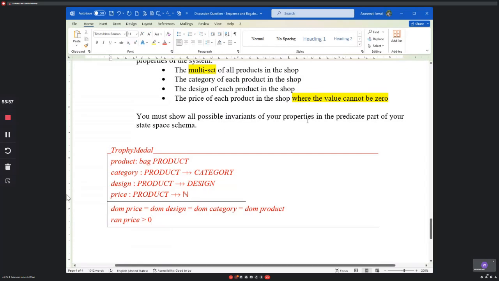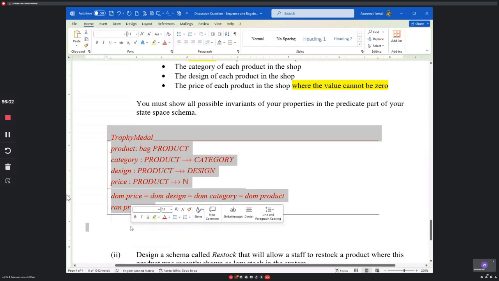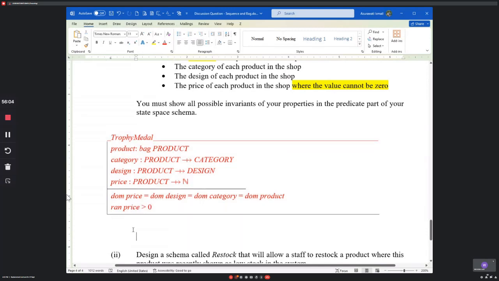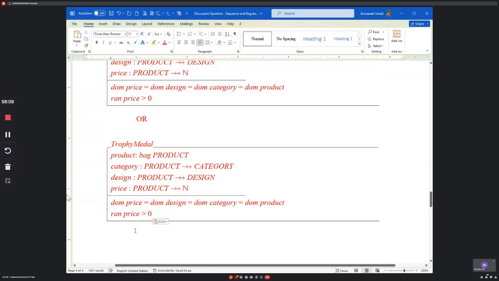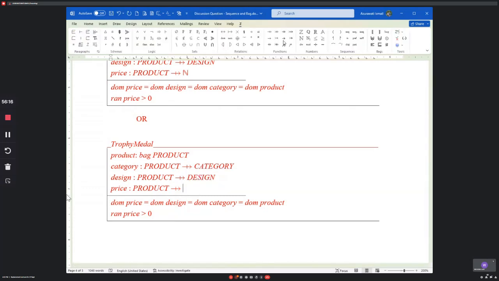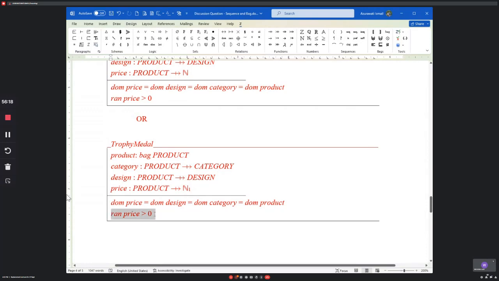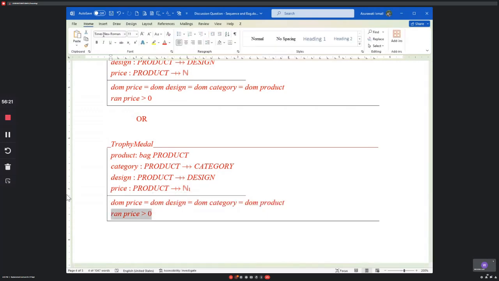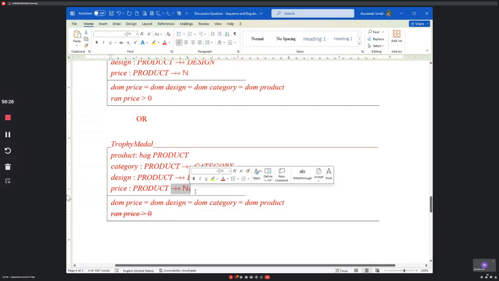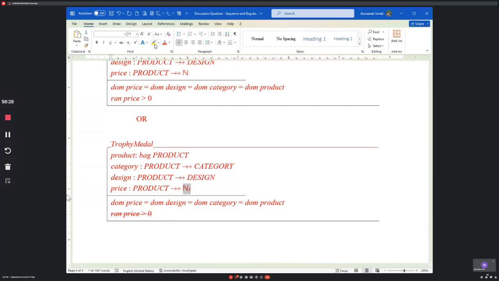If you have this statement here, or straight away, you use this as N1. When you use this N1, then you don't need this line anymore because now it's already N1.